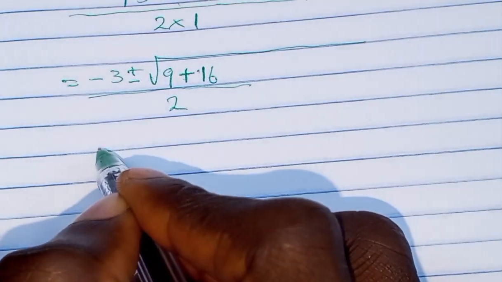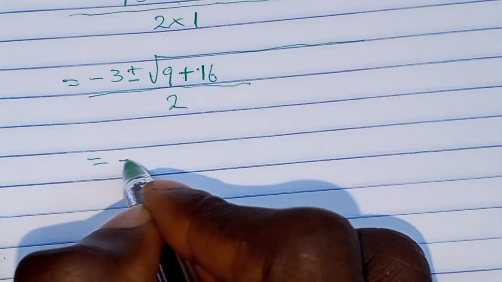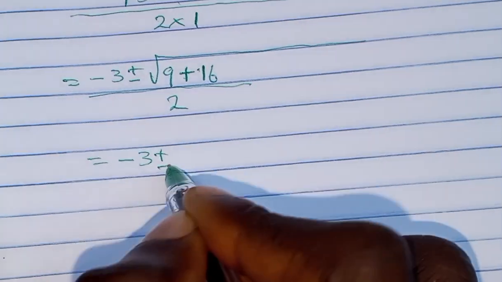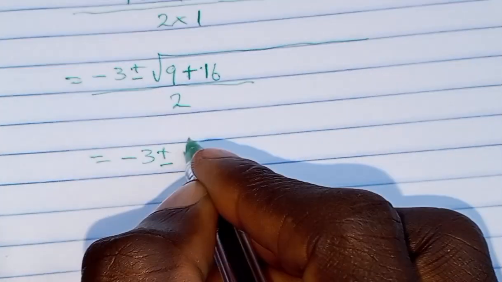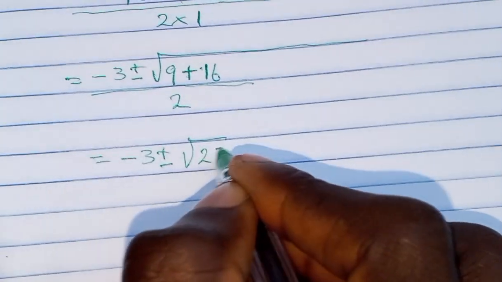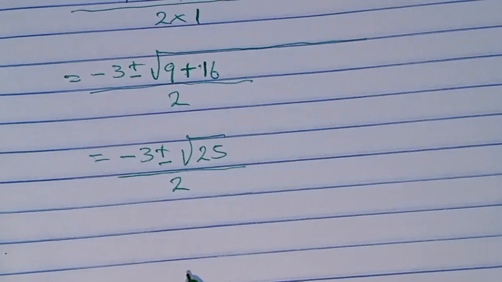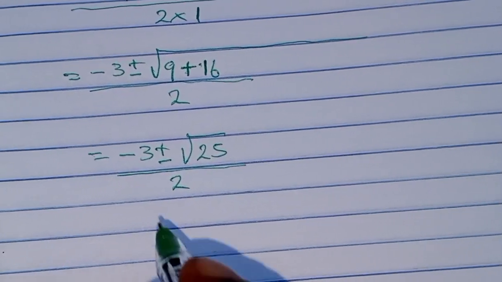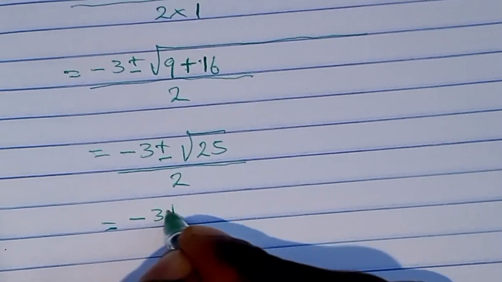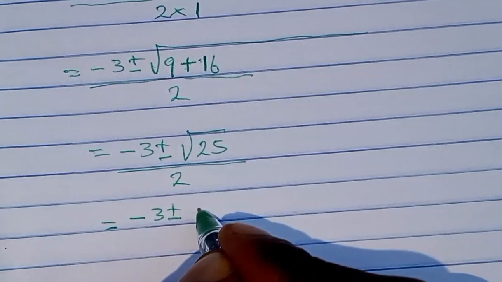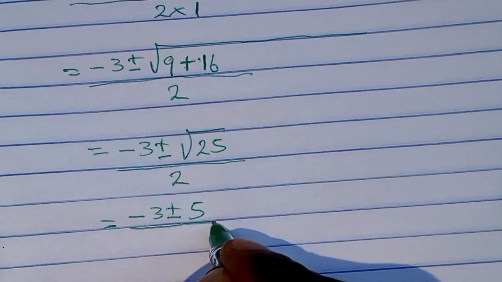So this is going to be equals to minus 3 positive negative square root of 9 plus 16, which is 25, all over 2. Now the square root of 25 is going to be 5.